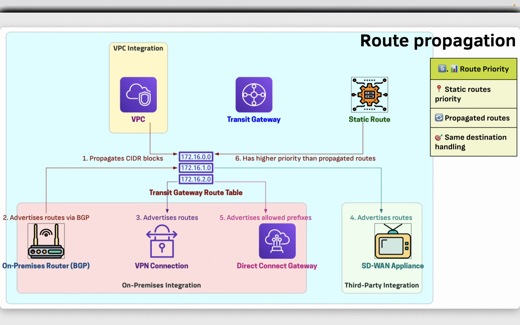In cases where both static and propagated routes exist for the same destination, static routes take precedence and are given higher priority. The propagated route is excluded until the static route is removed, at which point the propagated route becomes active in the route table.